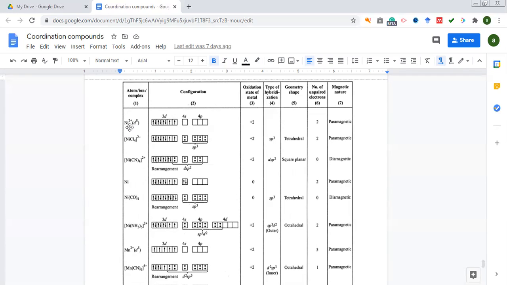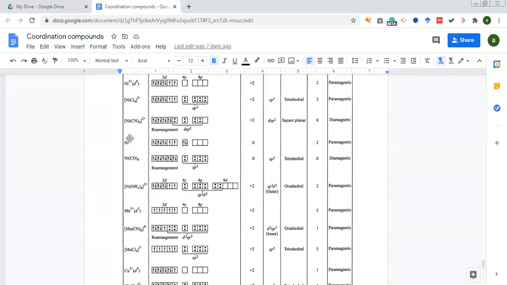In previous classes also I told you that the calculation of the oxidation state of the central metal atom is very, very important. Without that, we cannot calculate the EAN, the effective atomic number or number of electrons of a complex compound, and it is not possible to tell the oxidation state in nomenclature.